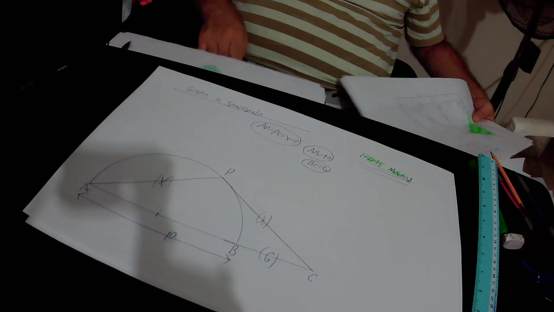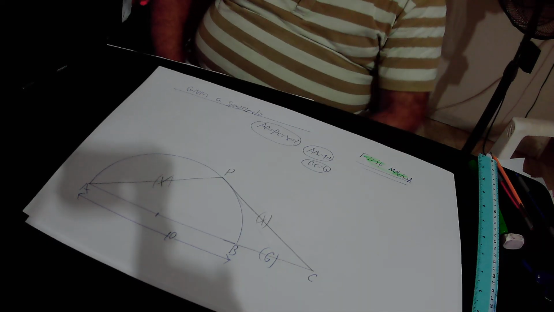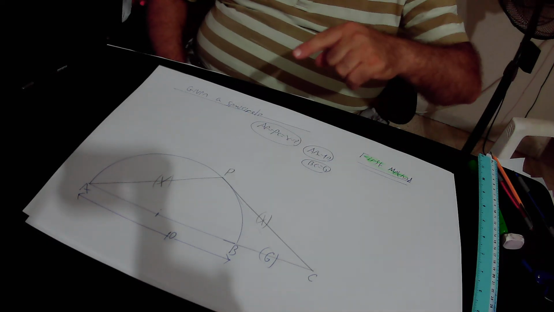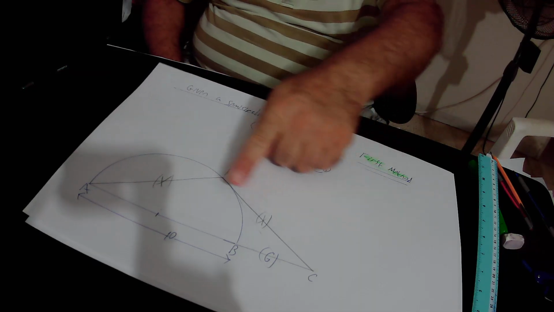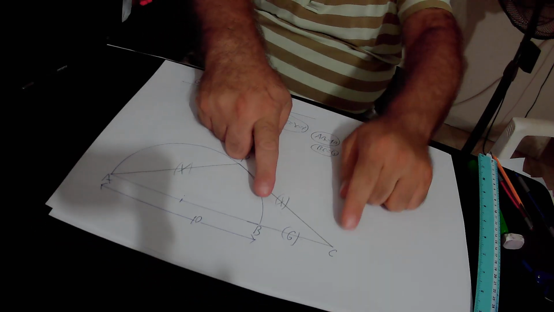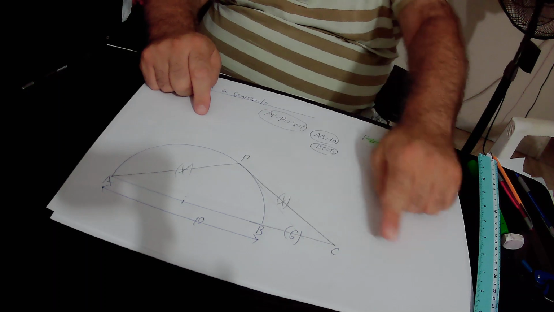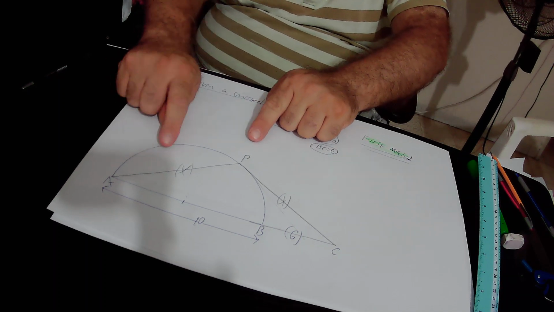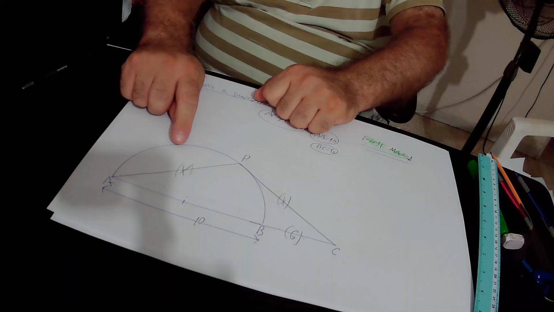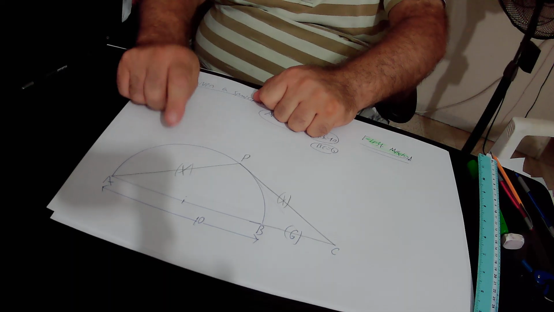First of all, we know that we have a semicircle. The diameter of this semicircle AB equals 10. Line segment BC equals 6 units. PC equals PB equals x, and our task is to find the length of PB, which is x.